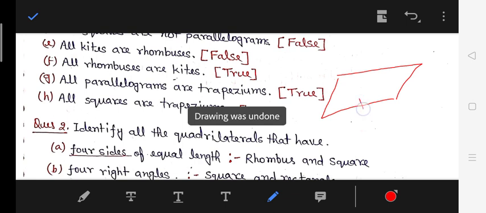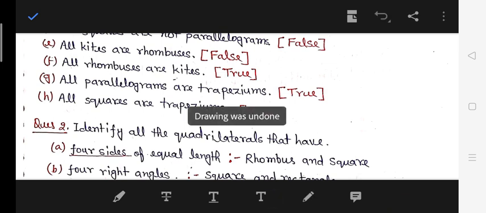So here you will get that both pair of opposite sides will be parallel in the parallelogram, and according to the definition of the trapezium, at least one pair of opposite sides should be parallel. So here you can get in the parallelogram also one pair of opposite sides are parallel. It means all the parallelograms are trapezium. So here it is true, all parallelograms are trapezium.